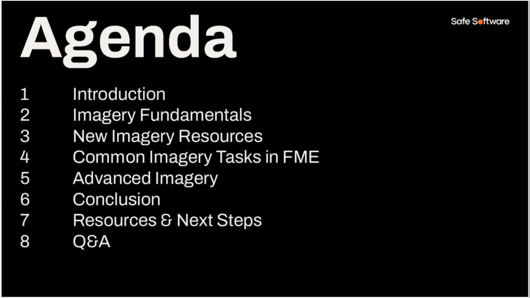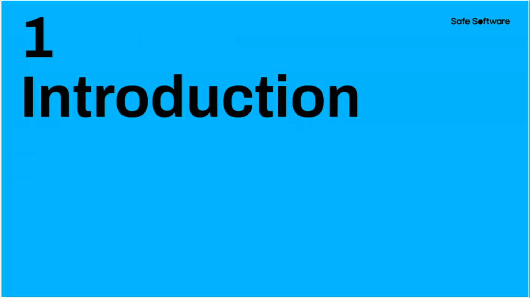Then we're going to hand it off to Kaylin for common imagery tasks in FME. And then we're going to hand it back over to me, who will finish off with advanced imagery. And finally, Ali will wrap it up with the conclusion. We have a next steps and resources section, and then we'll finally end with a Q&A, which we hope you all ask some questions. So without further ado, I'm going to kick us off with an introduction.